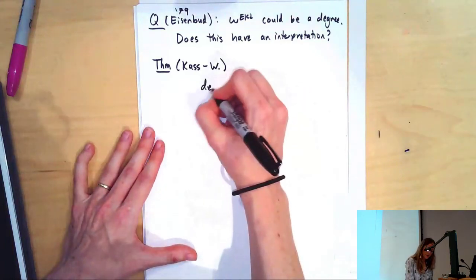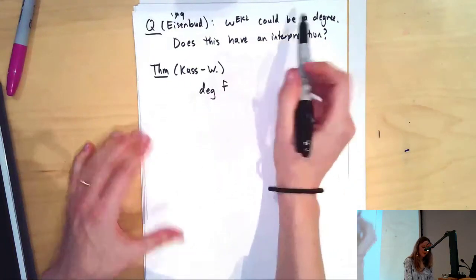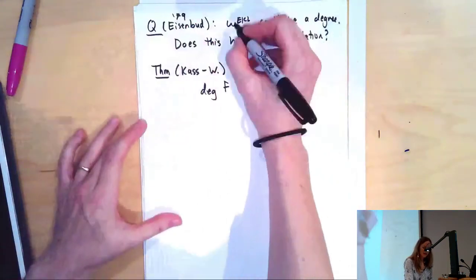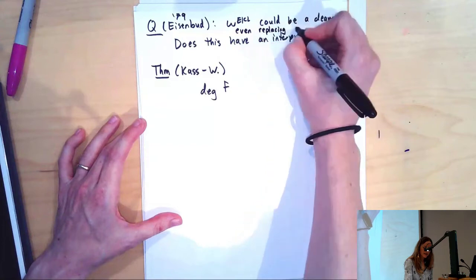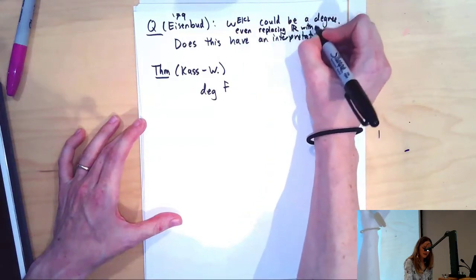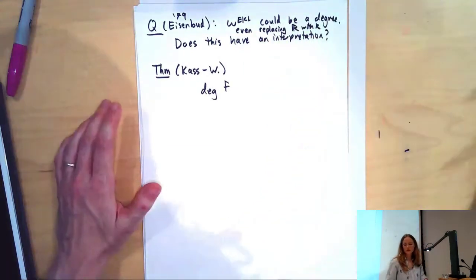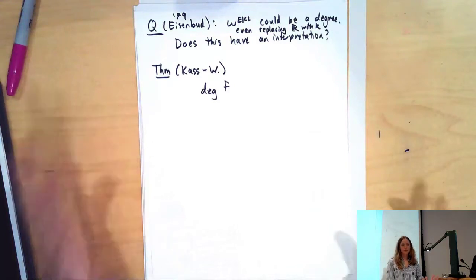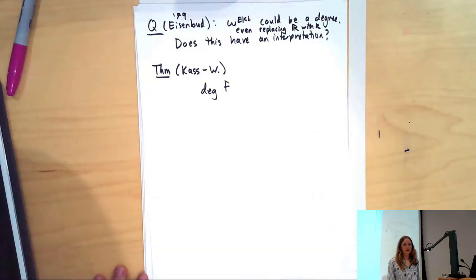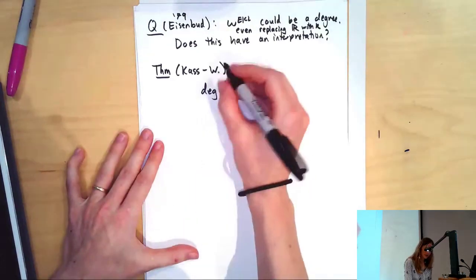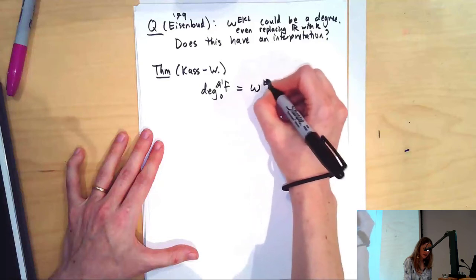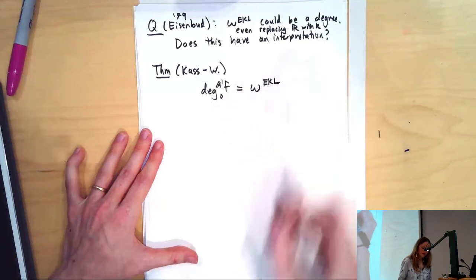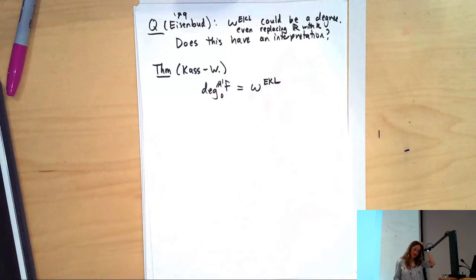So omega EKL could be a degree, even replacing R with some different field K. We can still do this construction, replacing R with K, and then we get a bilinear form over K. And the local degree is the form constructed like that.